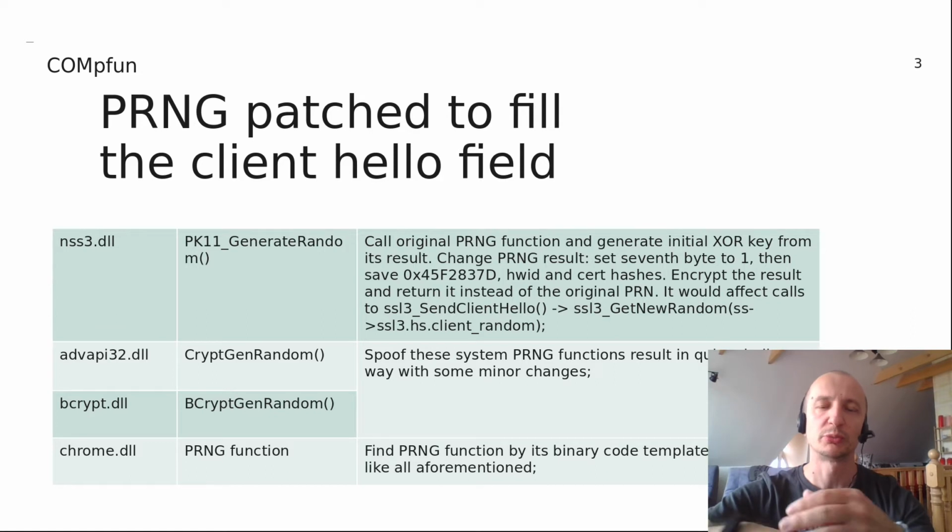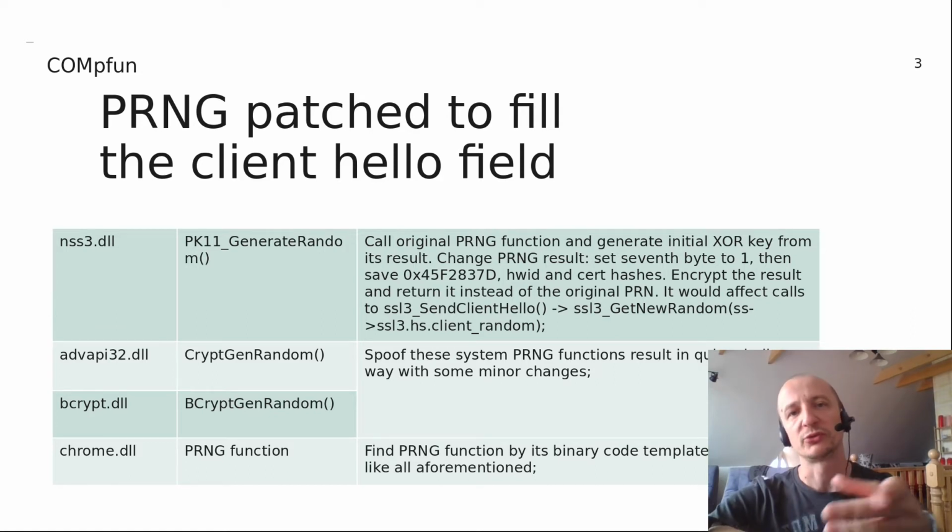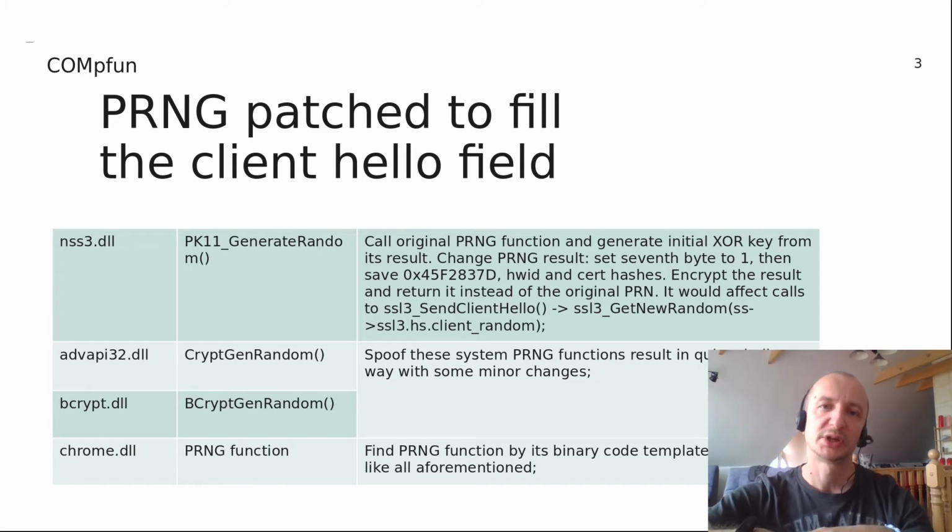In Chrome, the most popular browser, it comes from the Chrome DLL library, and for other Windows applications, a more outdated library like AdvAPI could be used already for several years. This function is marked as outdated, and bcrypt is the library of choice for those who want to use a more modern API for working with a PRNG.